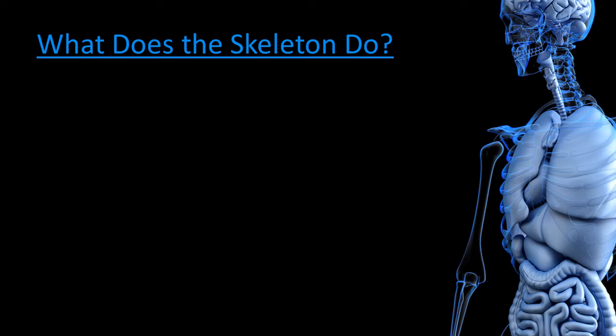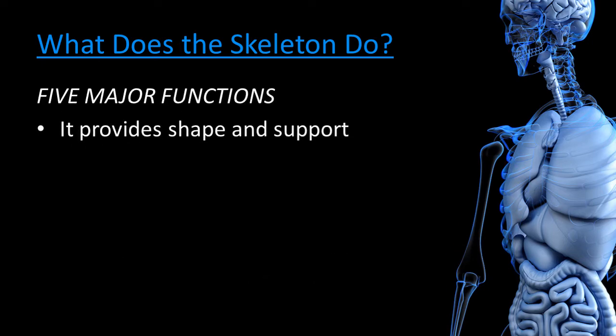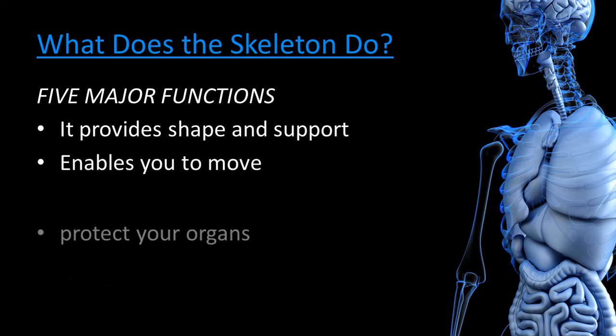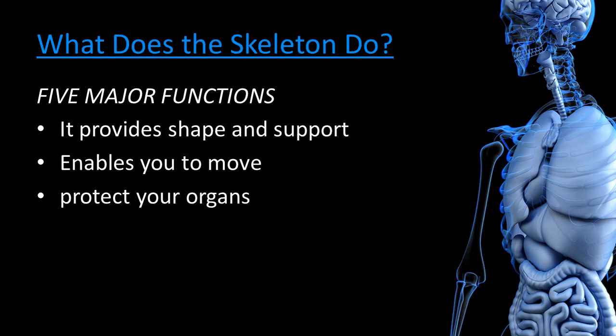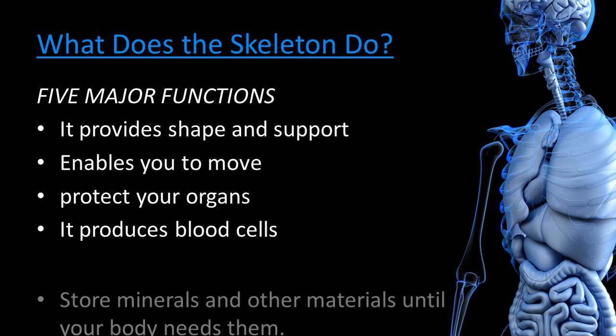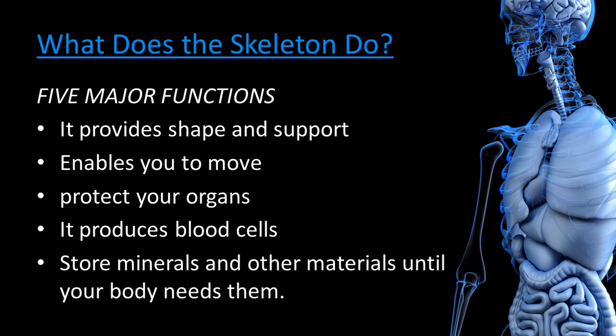And the skeleton has five major functions. First, it provides shape and support. Second, it enables you to move. Third, it protects your organs. Fourth, it produces blood cells, and fifth, it stores minerals and other materials until your body needs them.